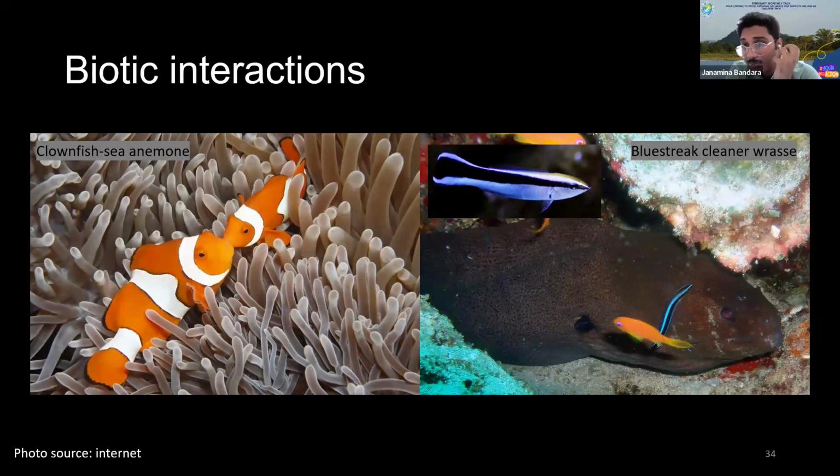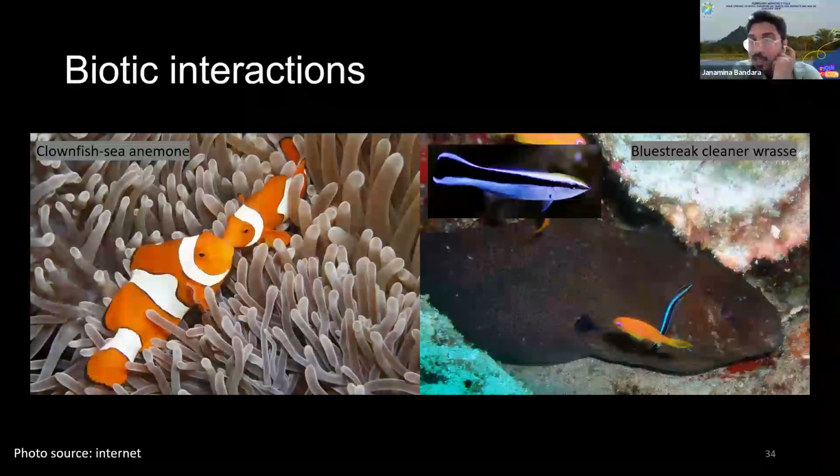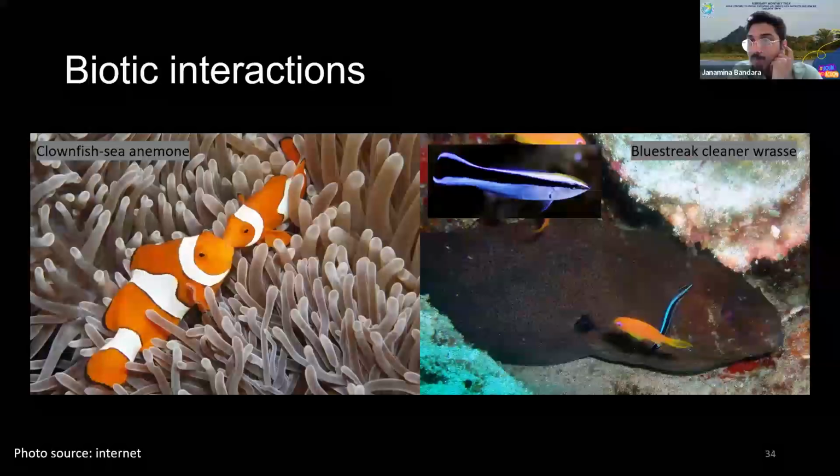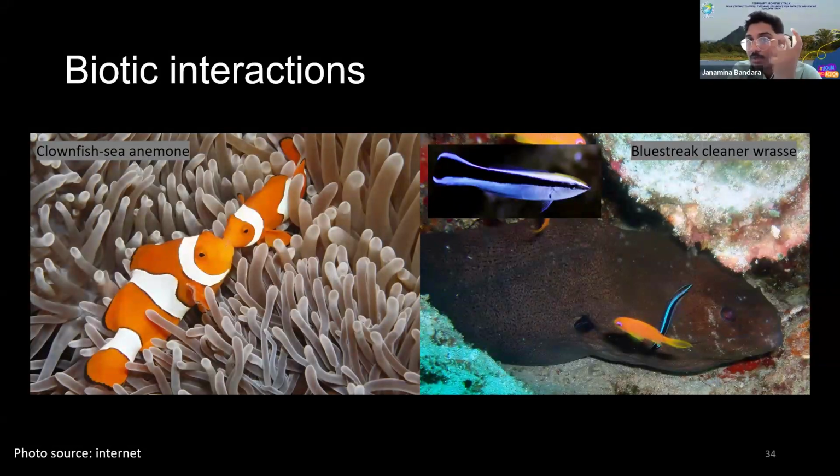Some species like clownfish are very clever; they have found an interesting relationship with the sea anemone, which we call a symbiotic relationship. It helps the clownfish get protected from other predators, while it helps the anemone too, both ways. These are some really interesting biotic interactions you can see in the reef ecosystems.